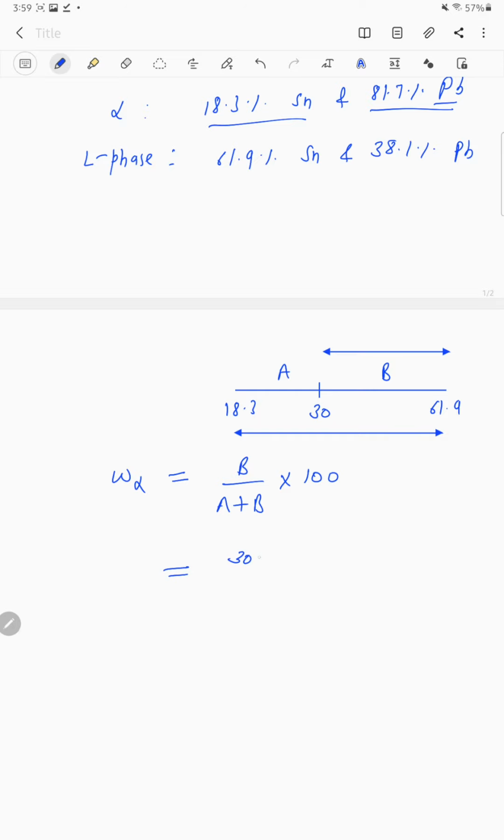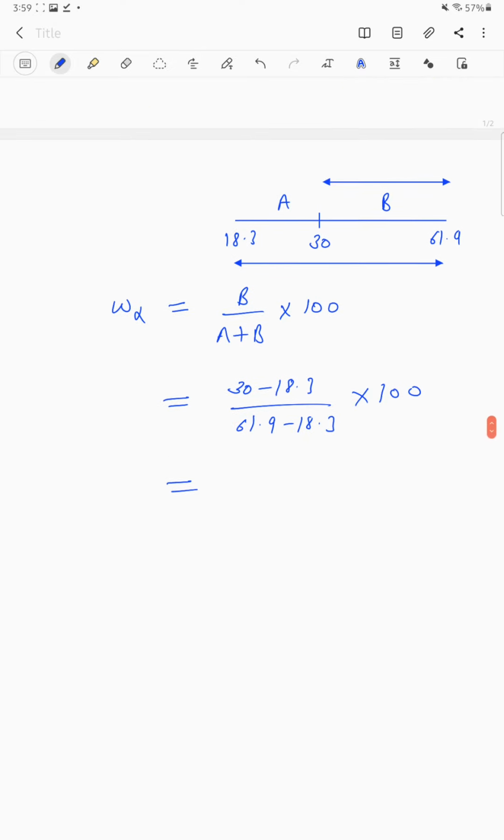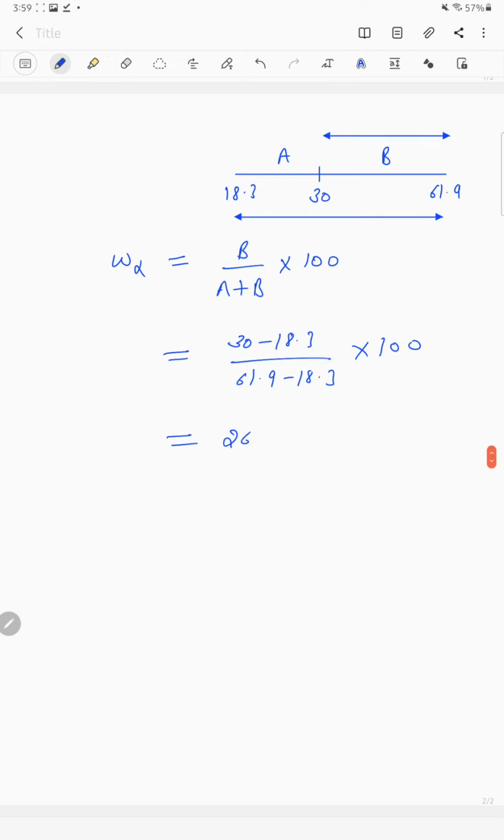A will be 30 minus 18.3, and A plus B will be the total length, 61.9 minus 18.3, times 100. If I calculate this with a calculator, 30 minus 18.3 divided by 61.9 minus 18.3, this will be 26.83%.